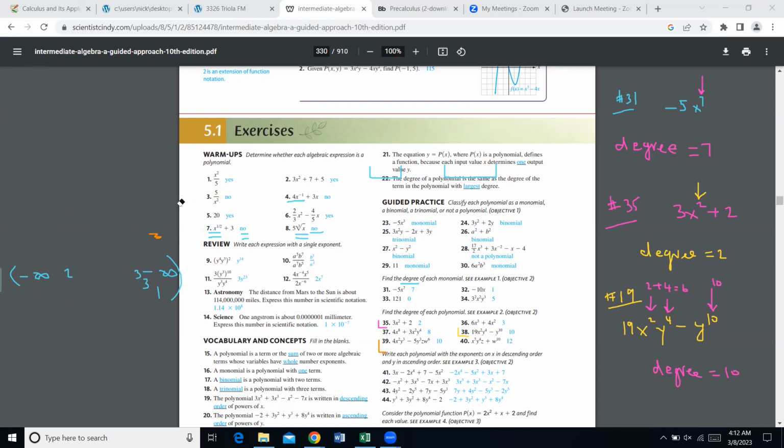So using this idea, I can try problem number 39 to see what the degree of that polynomial is. So here we have 4x squared times y to the power of 3. That's my first piece.